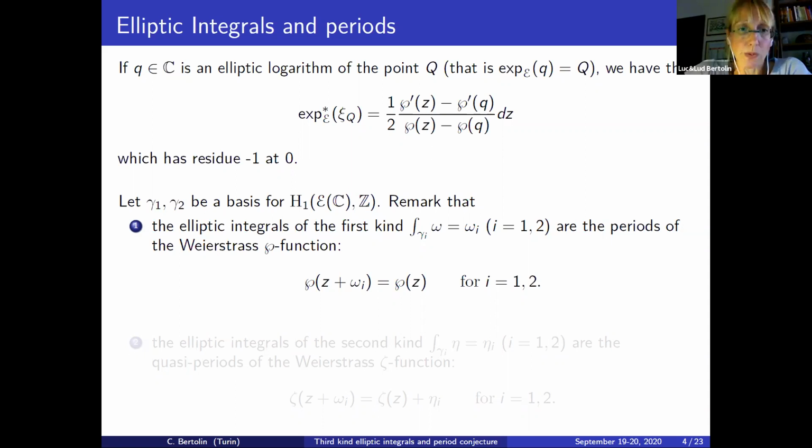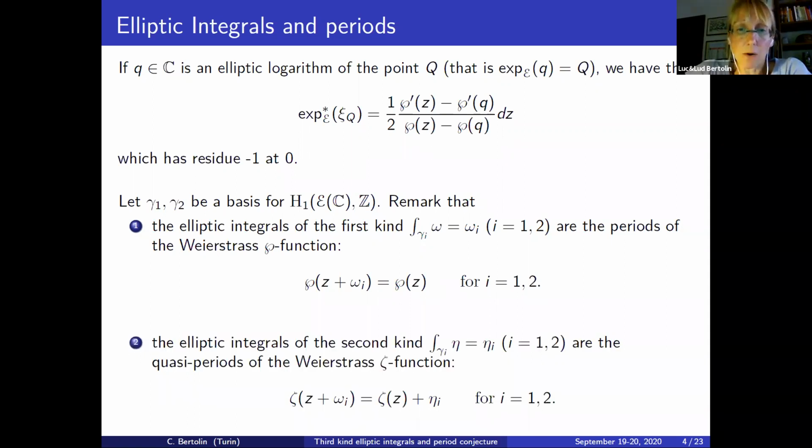Now, the elliptic integrals of the second kind, that means the integral of eta along gamma i, are the quasi-periods of the Weierstrass zeta function. This means that zeta of z plus omega i is equal to zeta z plus eta i. These are well-known results.